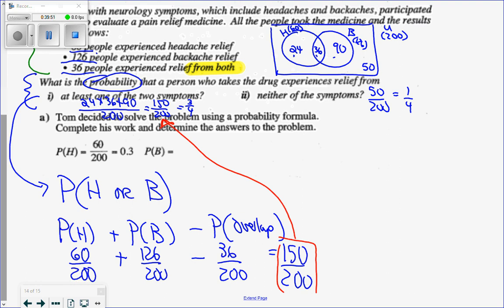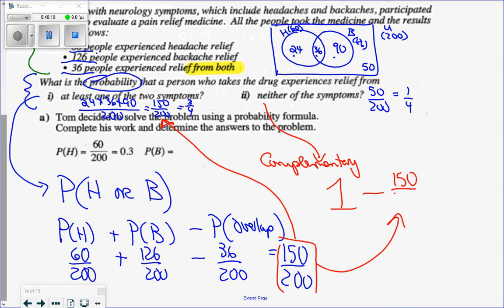For the neither, what you have to understand is that these two events are complementary. Think about it. If you get headache or backache relief, that is the opposite of getting no relief at all, right? Those are opposites. So all we would have to do for this is go 1 minus this answer. That's it.